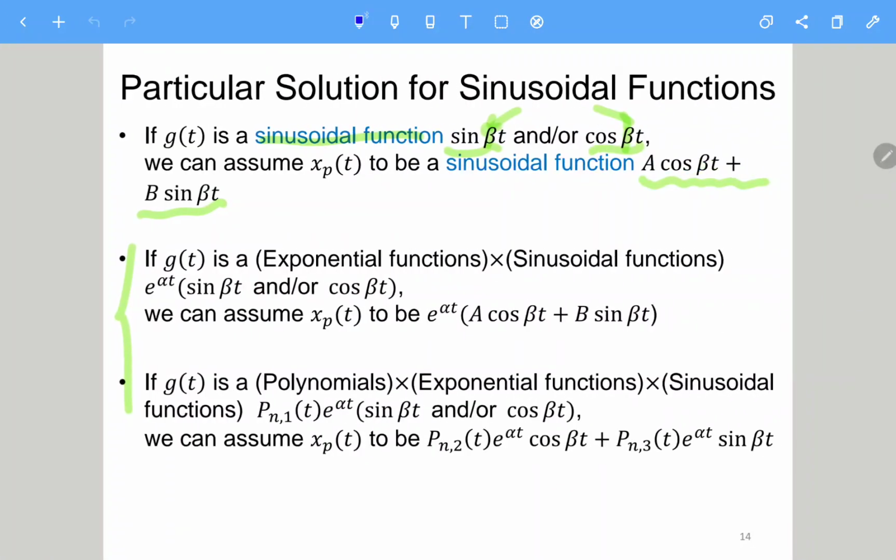If we have a second order circuit with a sinusoidal input, let's say we have d²v/dt² plus a times dv/dt plus bv equals a times cosine of something. Okay, so this is the input.